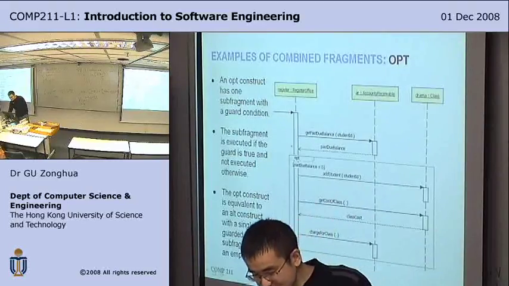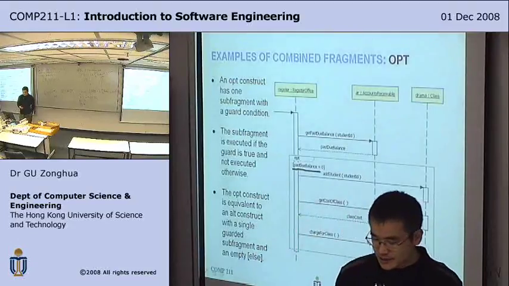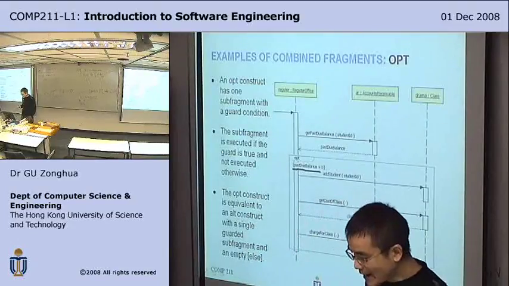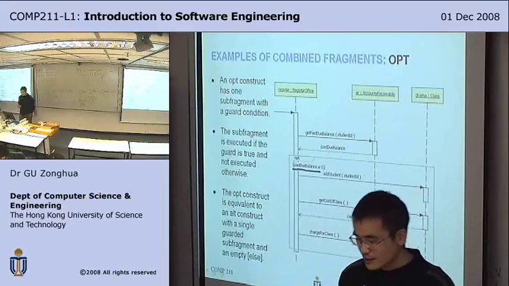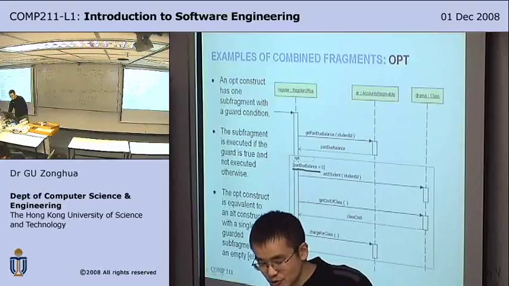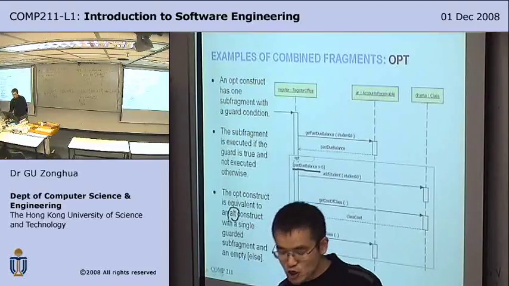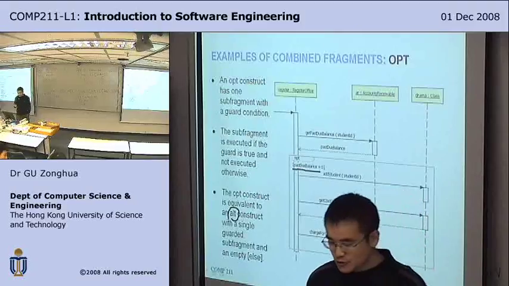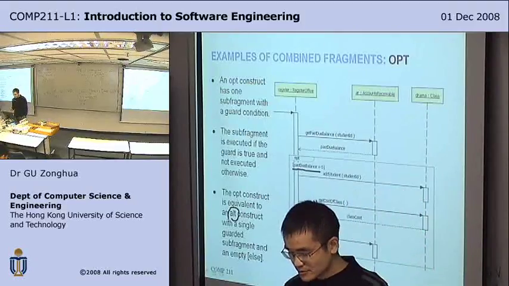So opt means that if the guard is true, you execute the opt, this part. Otherwise, you skip the opt. So it's equivalent to an alt with a single guard, with a true branch but not a false branch.